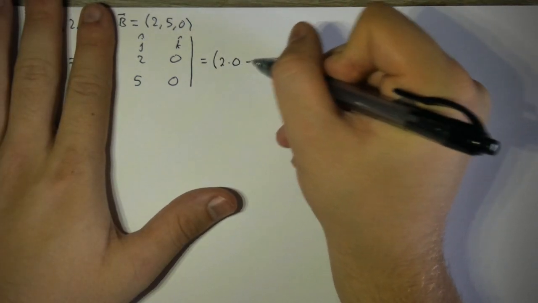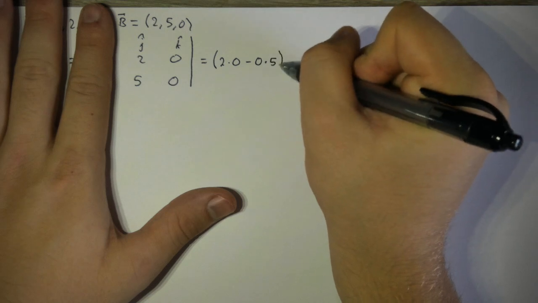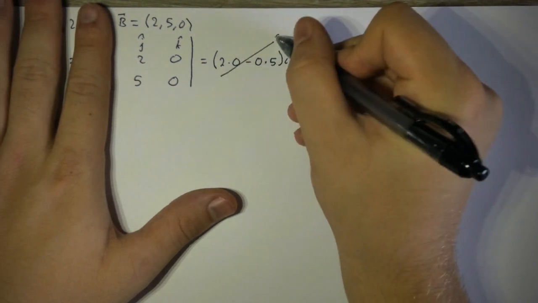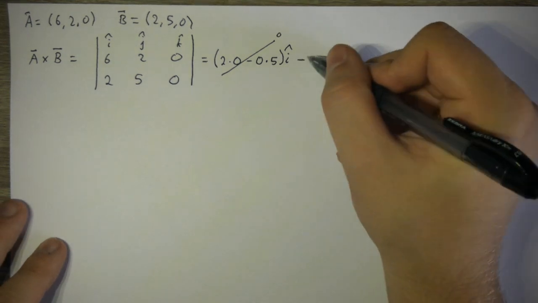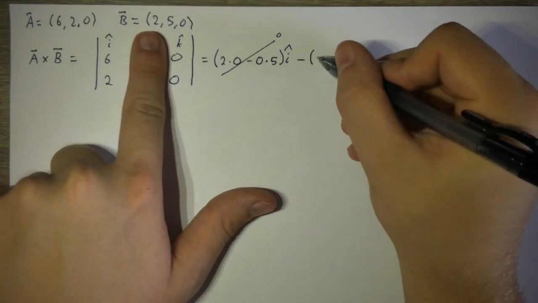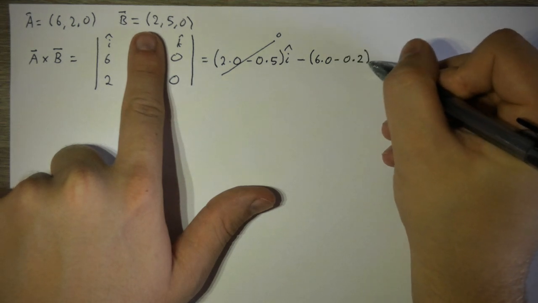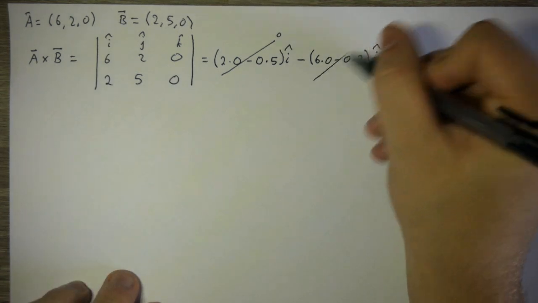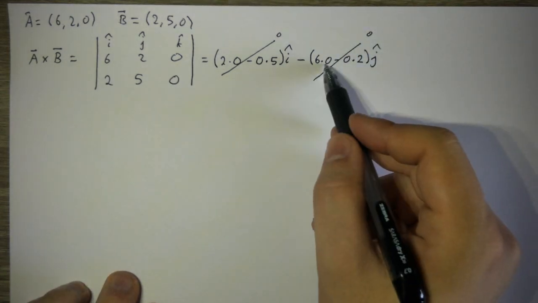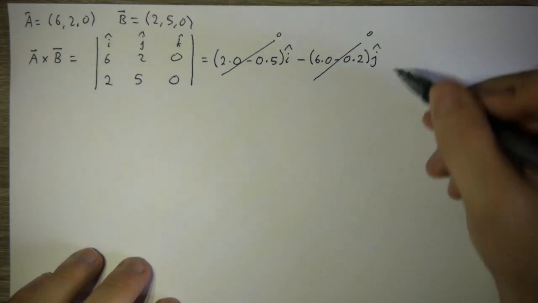2 times 0 minus 0 times 5, i. So that'll, of course, go to 0, minus 6 times 0 minus 0 times 2, j. That'll, of course, also go to 0 because we're multiplying 0 and 0 in both terms.